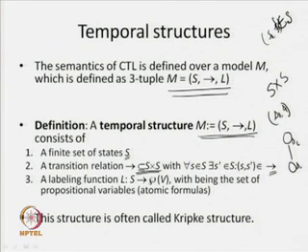If we have a state, then from that particular state we should have a transition to some other state. That means the transition relation is complete. This is one restriction: in the CTL structure that we are defining over here, the transition relation must be complete. That means if you pick any random state s, it must have a successor state.